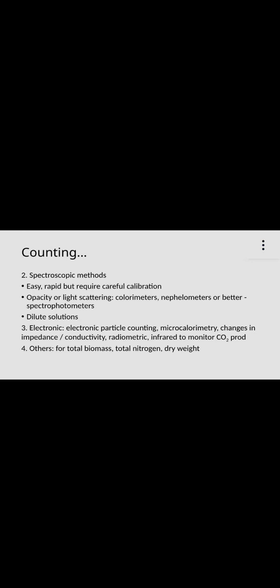These spectroscopic methods may rely on the use of colorimeters, nephelometers, or spectrophotometers. So these are the different principles that may be used to count the microorganisms. Spectrophotometers seem to be superior to the other two.